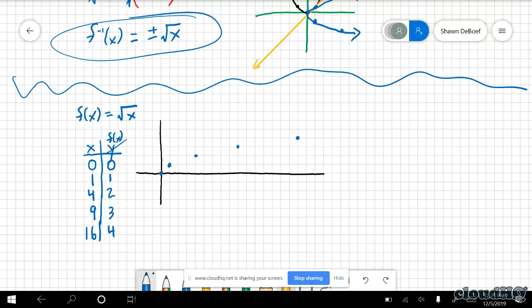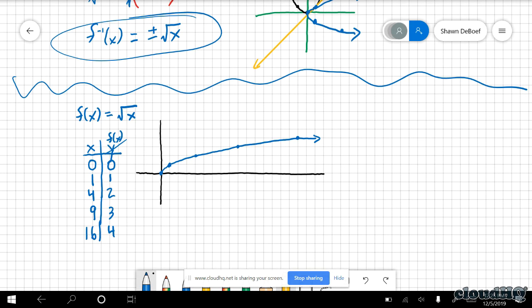And we knew from above that it was really just half of a sideways parabola. There is no bottom part to this one. Why did we have a bottom part to the one above it? Because we had a positive and a negative. If I did negative square root of x, it would have just been the reflection of that, would have been the bottom half. So the positive one is only that top half.